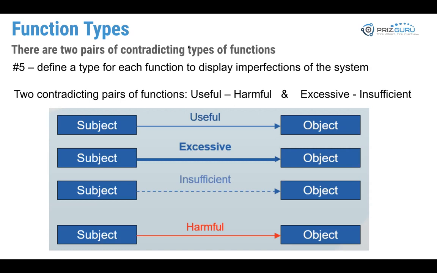That would be an excessive function. Or not enough pressure and basically not enough flow of water. That would be an insufficient function. So it's not moving the water fast enough, right? It's still what it's built for. It's built to move water from one place to another. But does it do it well enough, or is it working too hard?